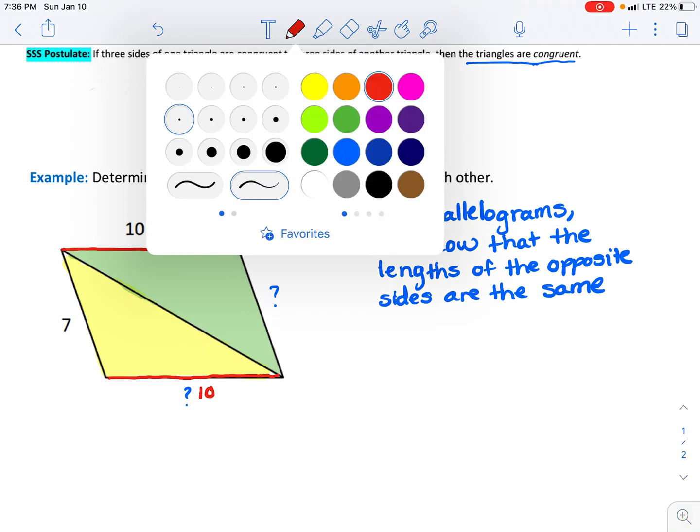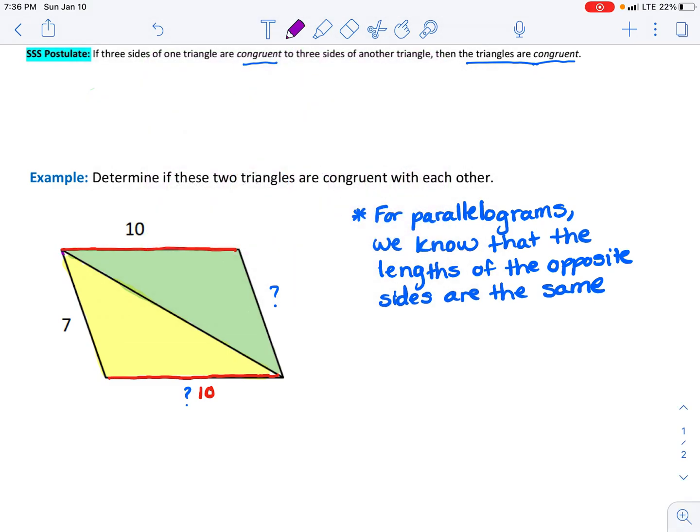Similar idea here: I know that this side that I'm highlighting in purple is length 7, so the side opposite to it, again highlighted in purple, must also be length 7. And so now I no longer have those question marks, because now I know what those lengths are.